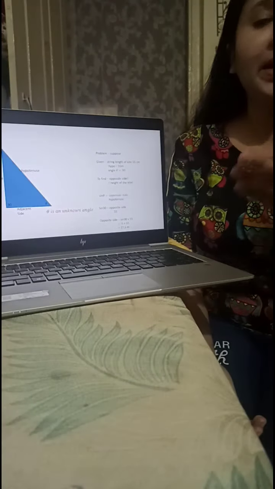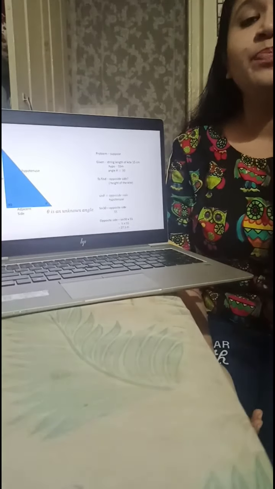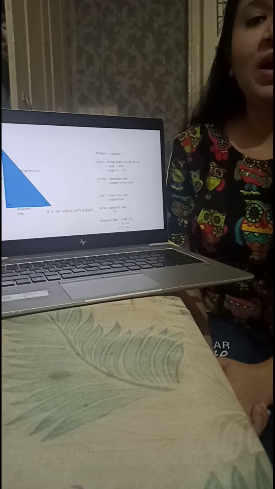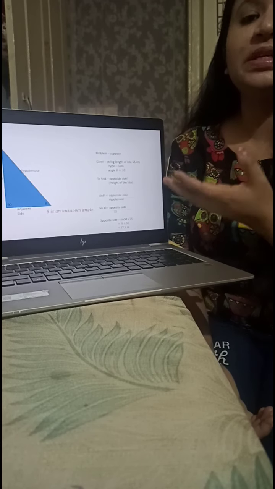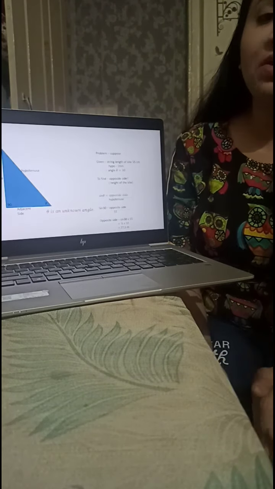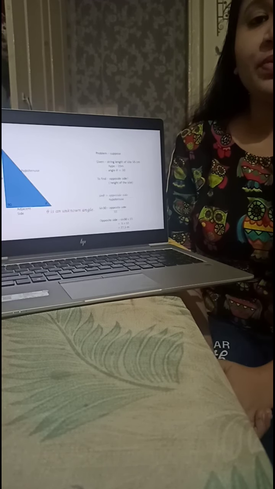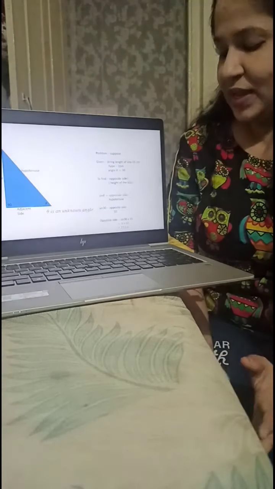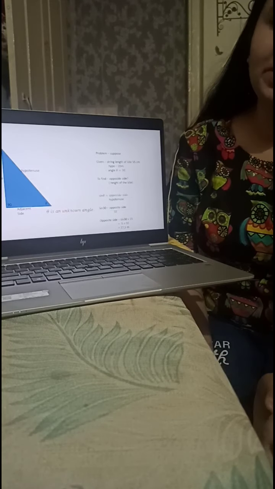Now you will be thinking how I get this value of sin 30 as 1 by 2. So in trigonometry there is one table. From that we get the values of sine, cos, tan and cosec. How do we get these values? There are some derivations to evaluate the values of sine, cos, tan and cosec, that we will see later on.